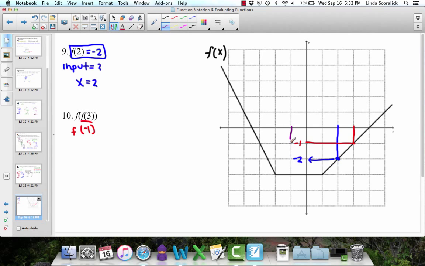Start here, come down to the graph, and across, and we're at negative 3. So f of 3 equals negative 3. So you can see here that it's possible to evaluate functions and also evaluate the composition of functions using a graphical representation.